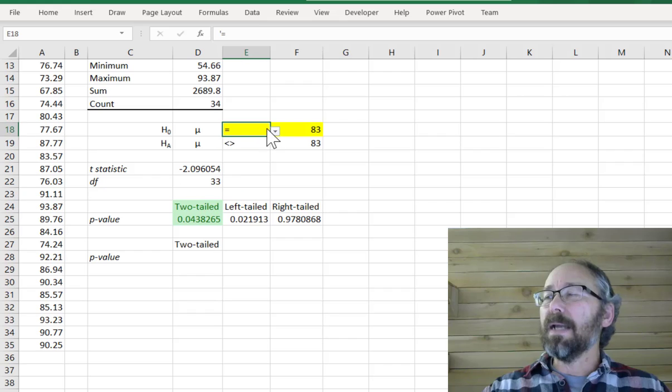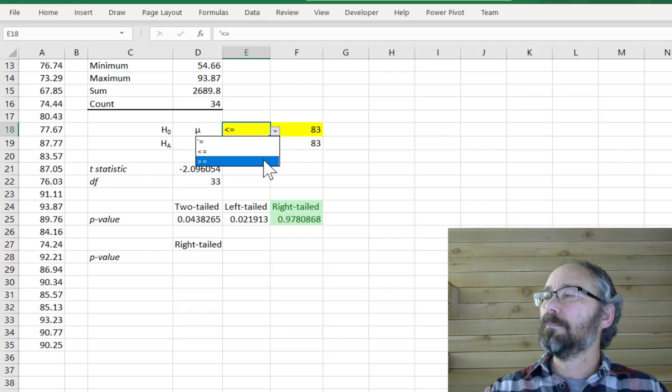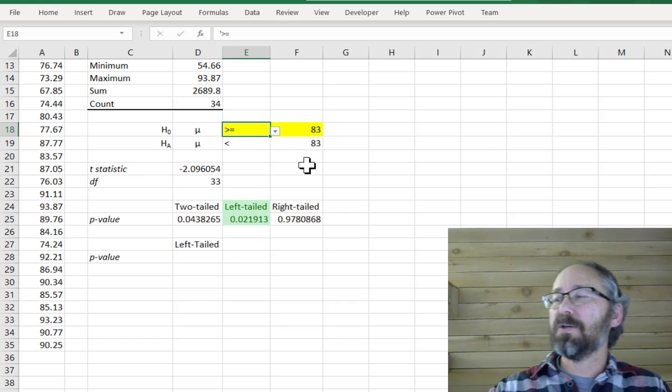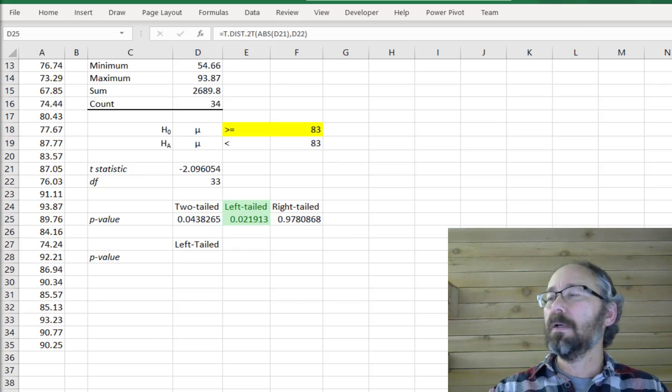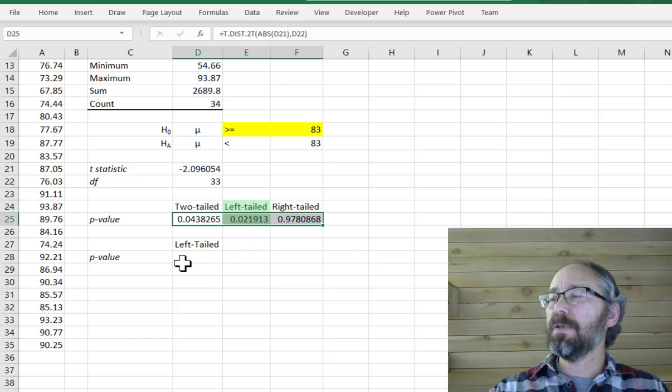So now we can get our labeling. That's correct. Now we simply have to take all of these formulas and embed them into one formula that solves the p-value.